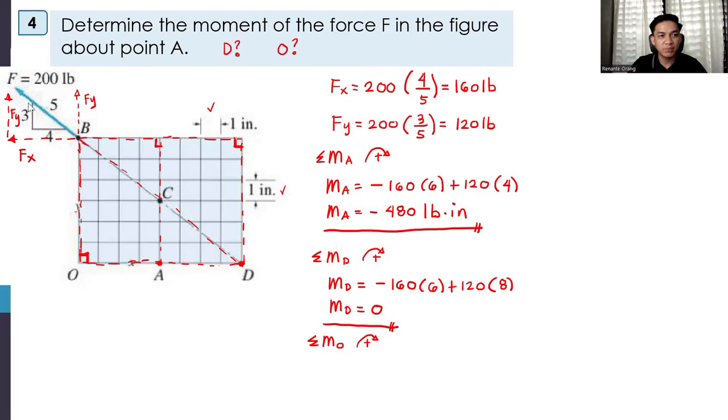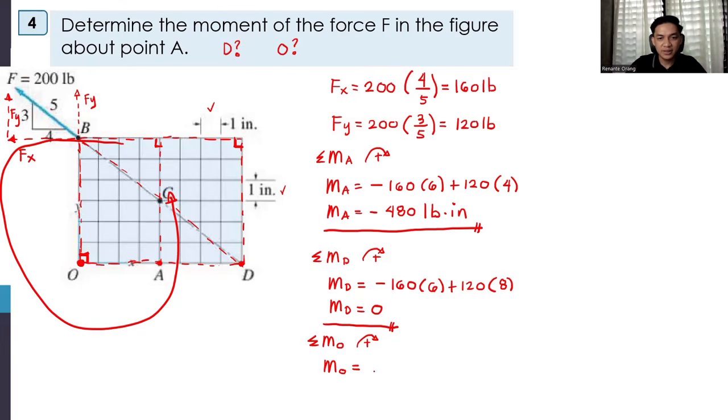So, again, na-convert na po natin yung ating force F into our force X and force Y. So, ilagay po natin dito, moment at point O is equivalent to, unahin natin si force X. Tingnan po natin, class, if positive pa siya o negative. So, pag paiikutin natin siya sa ating point O, that is counterclockwise.